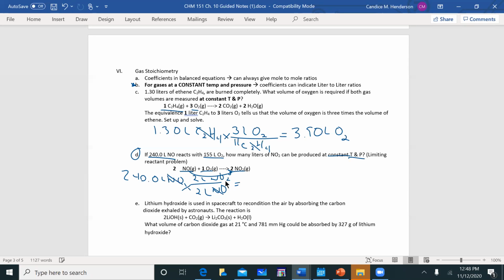So it's a 2 to 2 or 1 to 1 ratio. So for that guy, it'll just be 240.0 liters of NO2.